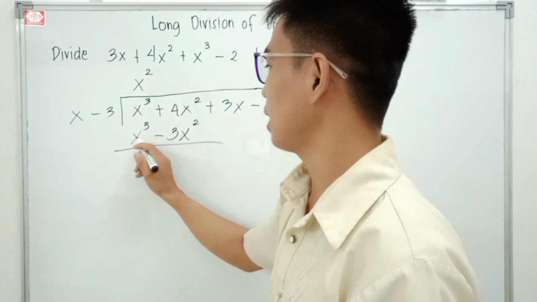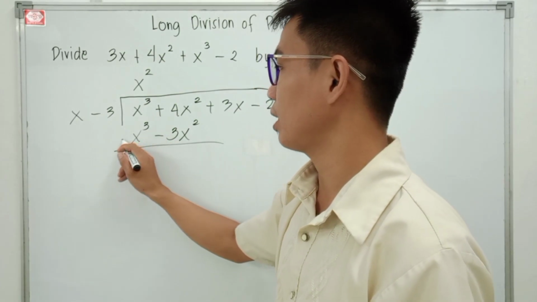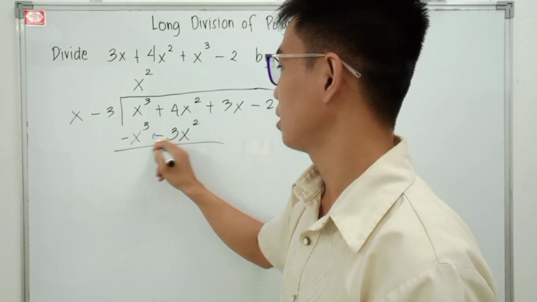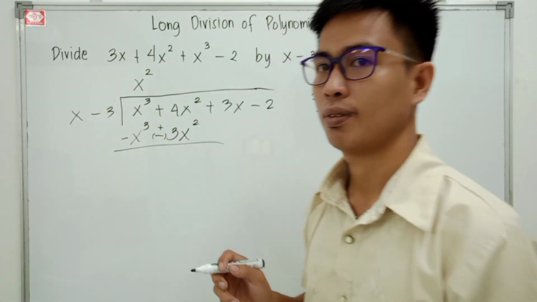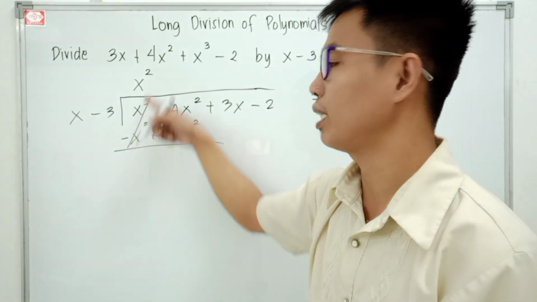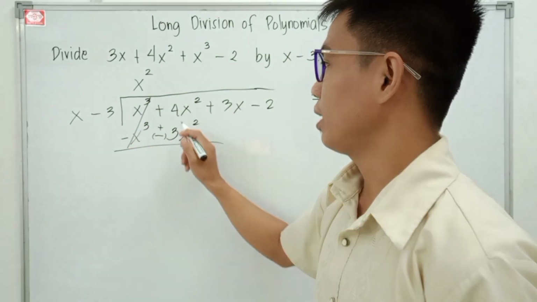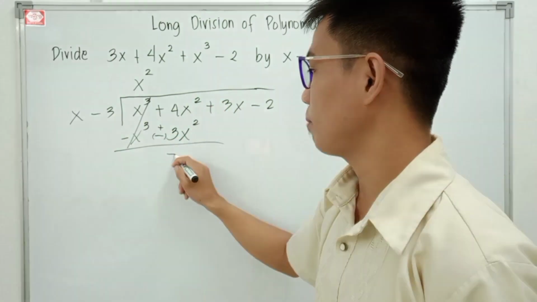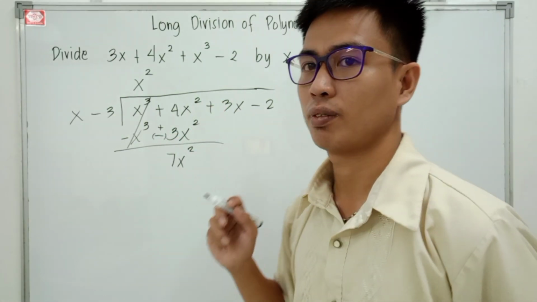So, papalitan lang natin yung mga sign, yung x cubed magiging negative, yung negative 3x squared magiging positive. Then, makakancel na to, since parehas silang term pero magkaiba ng sign. And then, 4x squared plus 3x squared, that will be 7x squared.